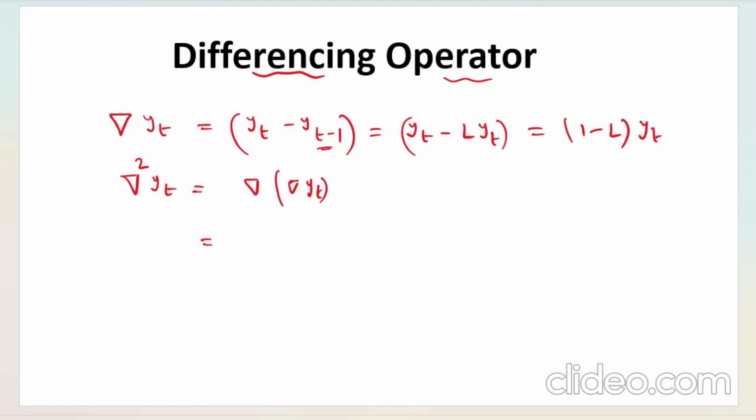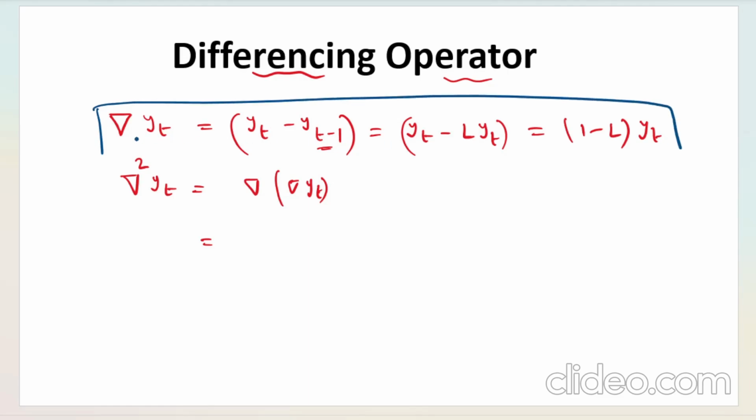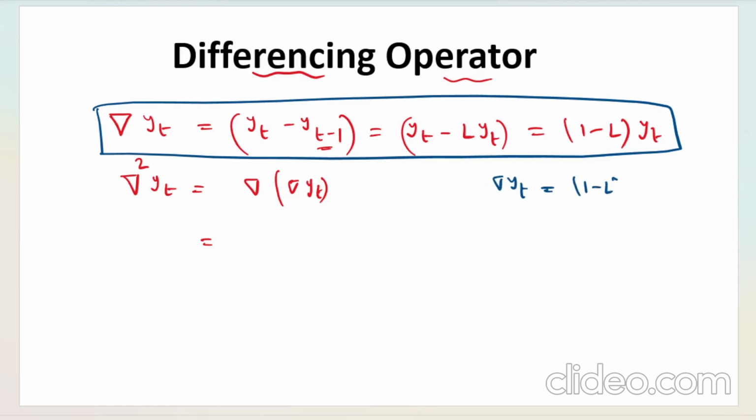So from here, what can you say? Delta yt you got as 1 minus L into yt. So this basically means that delta is simply 1 minus L, right? Delta is simply 1 minus L.